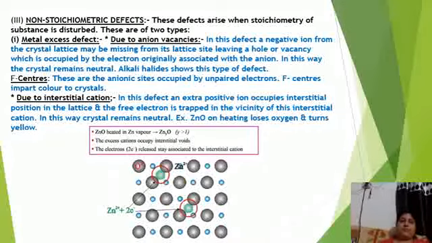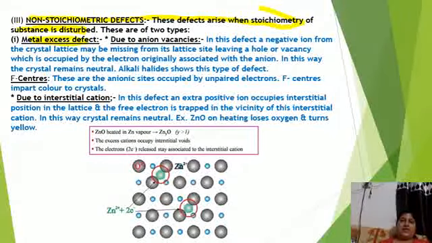The last point defect is non-stoichiometric defect. It means in this, the stoichiometry of the particular crystal or substance gets disturbed. It is of two types, metal excess defect and the second one is metal deficiency defect.